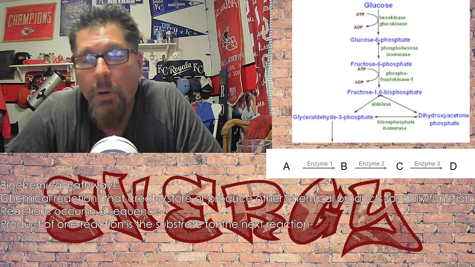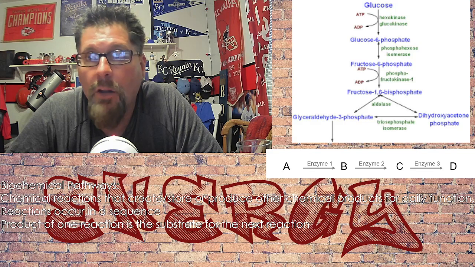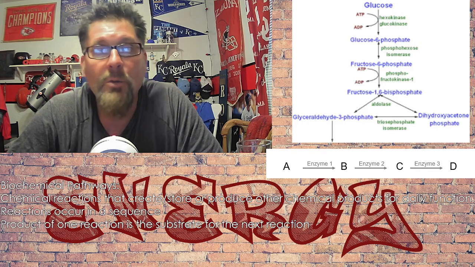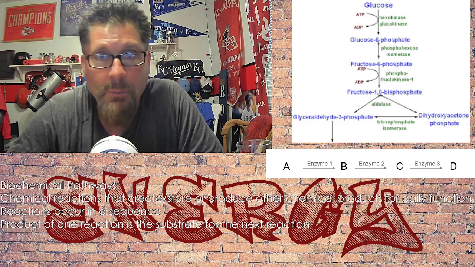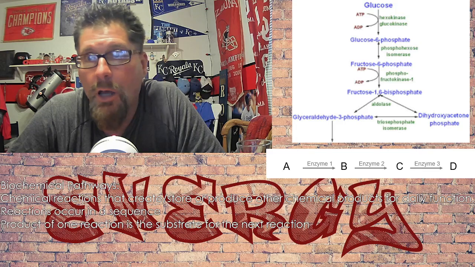Okay, but in the idea of what you're going to see in the future, the green writing in this diagram beside me here, those are the enzyme names that are doing whatever is being done to that molecule.